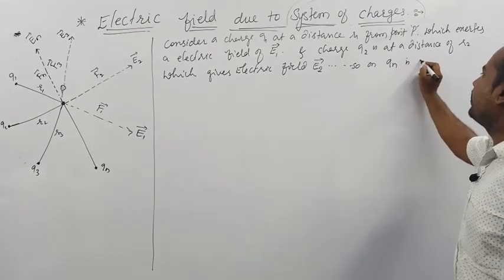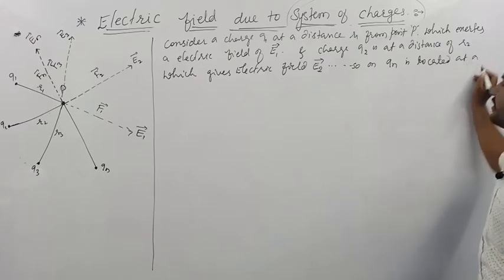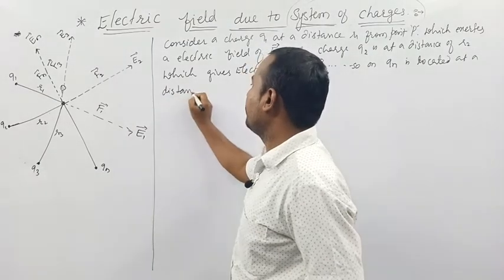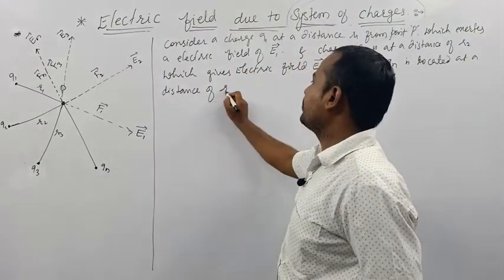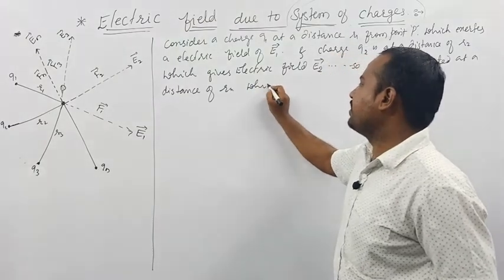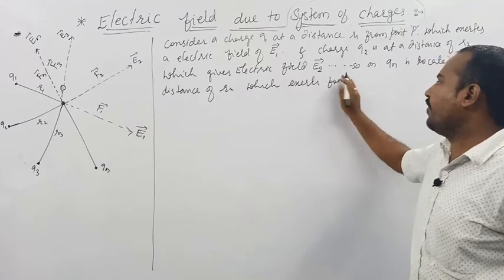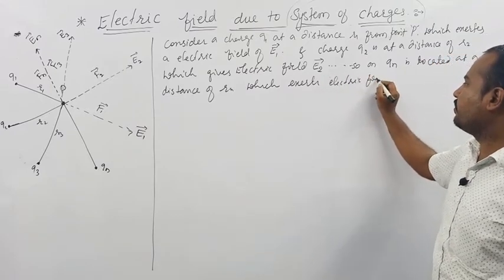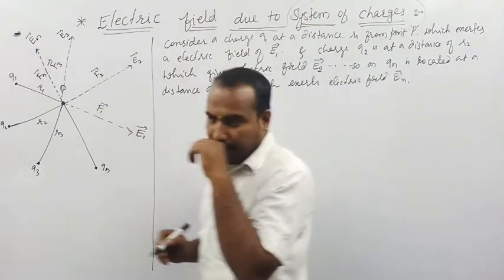Qn is located at a distance of Rn, which exerts electric field vector En.